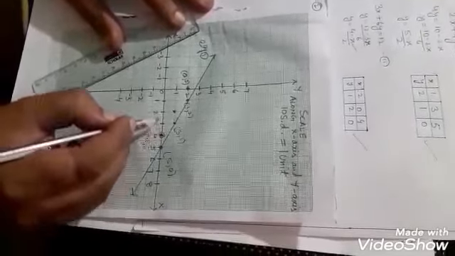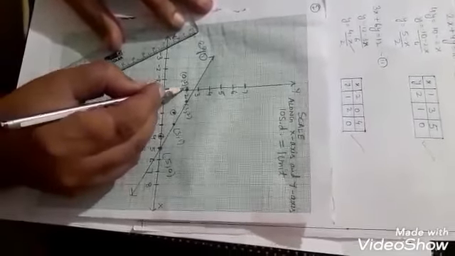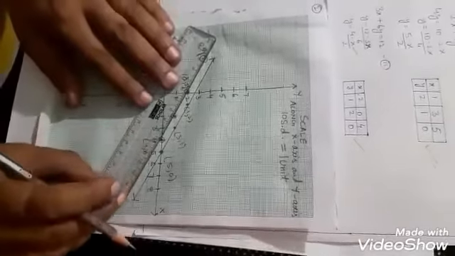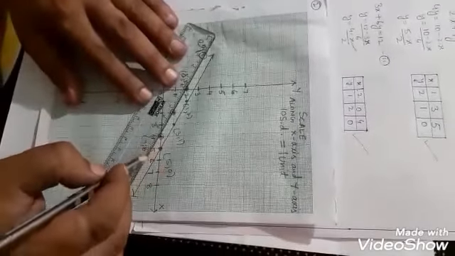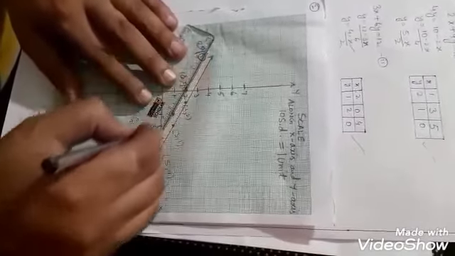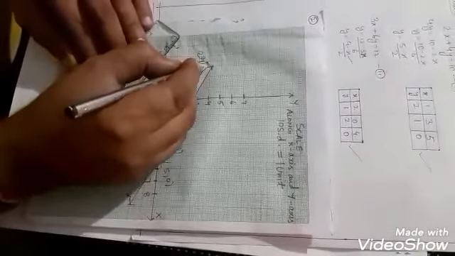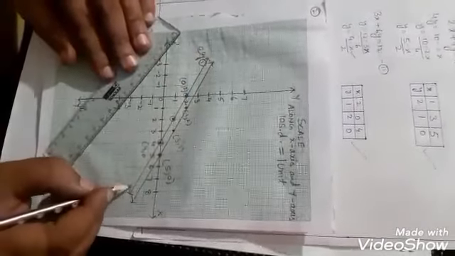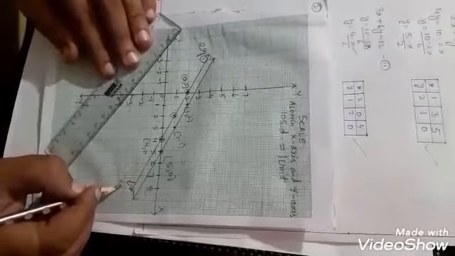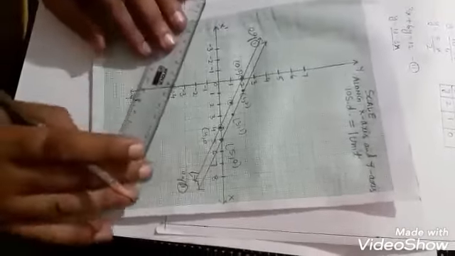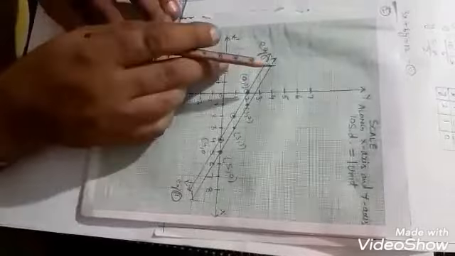Now you join these 3 points, you'll again get a straight line. This is the line for equation number 2. Now in the graph, both the lines are parallel.